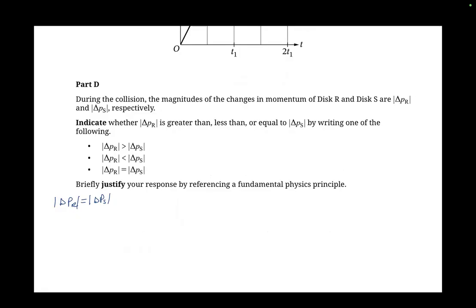So first we can use the conservation of momentum idea. Due to conservation of momentum, the change in momentum of R plus the change in momentum of S has to equal zero because this is an isolated collision.